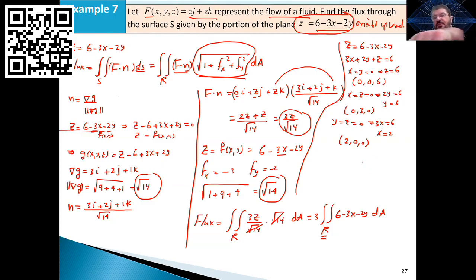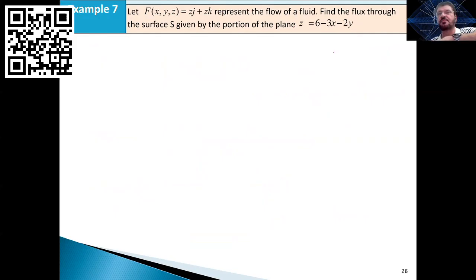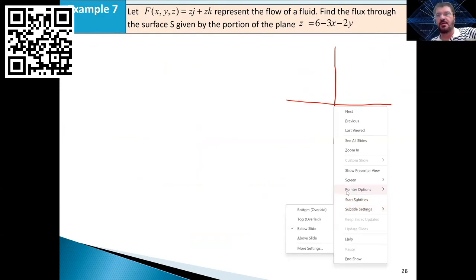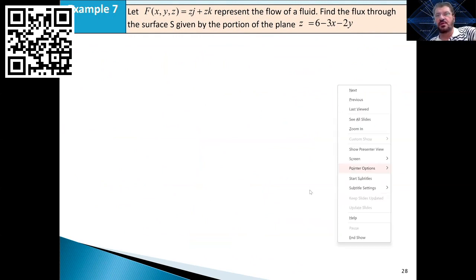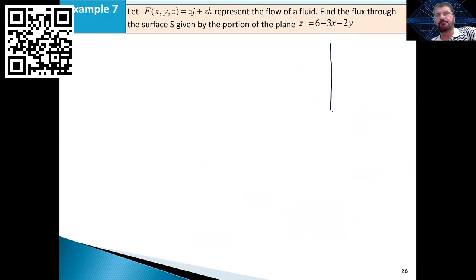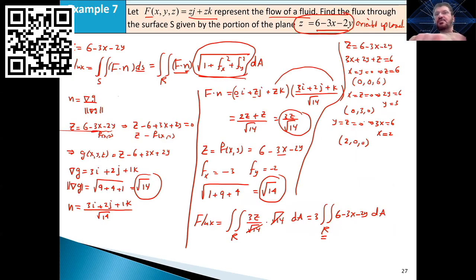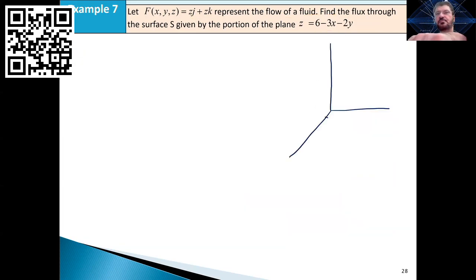Alrighty. So I'm going to graph it maybe here. Let me erase. I need the color I can deal with. Here it is. All right, let's go back. So the first point, x is (2, 0, 0).